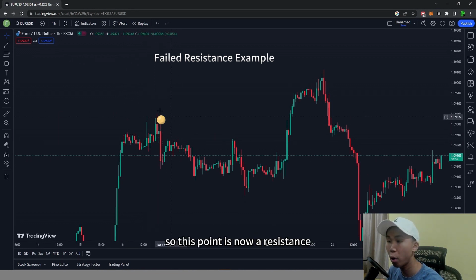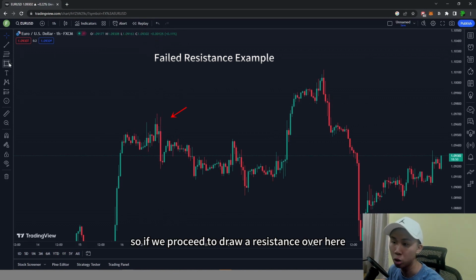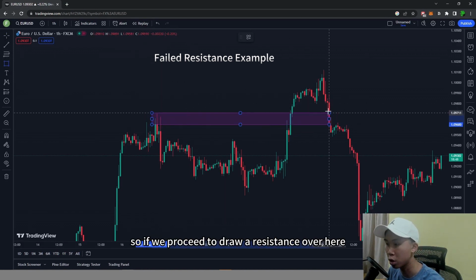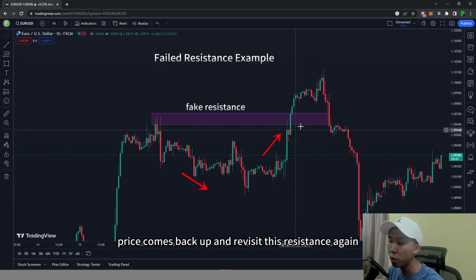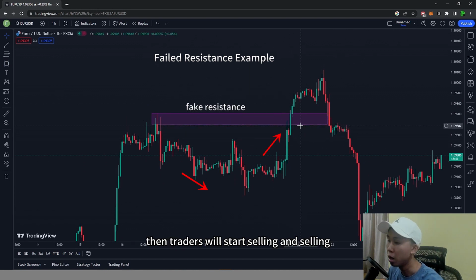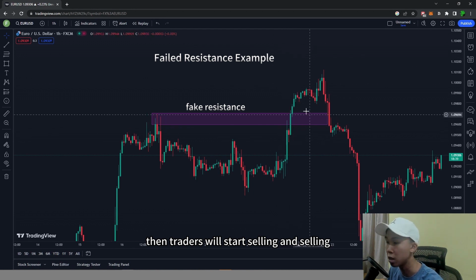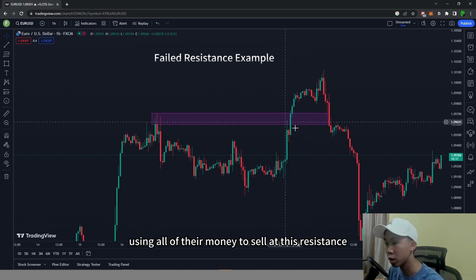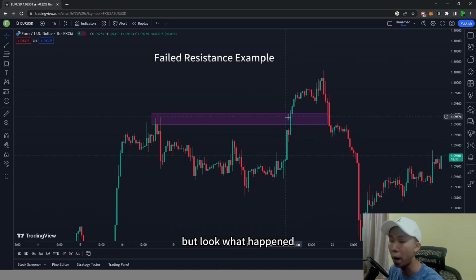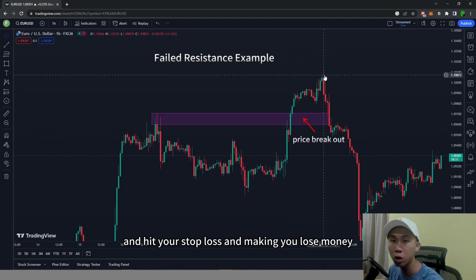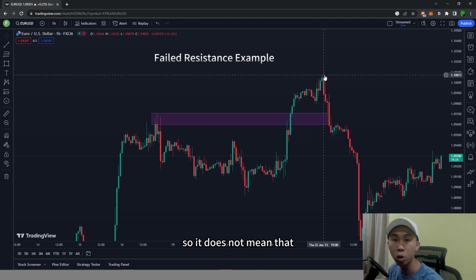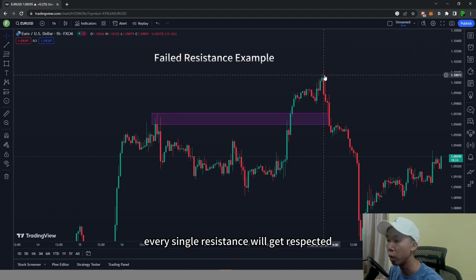So this point is now a resistance. If we proceed to draw a resistance over here, and now price comes back up and revisits this resistance again, then traders will start selling and selling, using all of their money to sell at this resistance. But look what happened. Price broke through that resistance and hit your stop loss, making you lose money. So it does not mean that every single resistance will get respected.